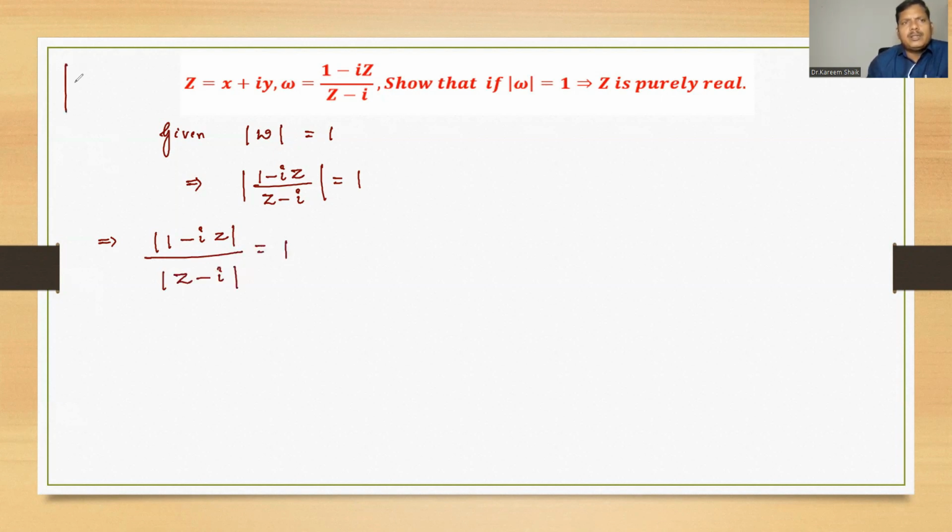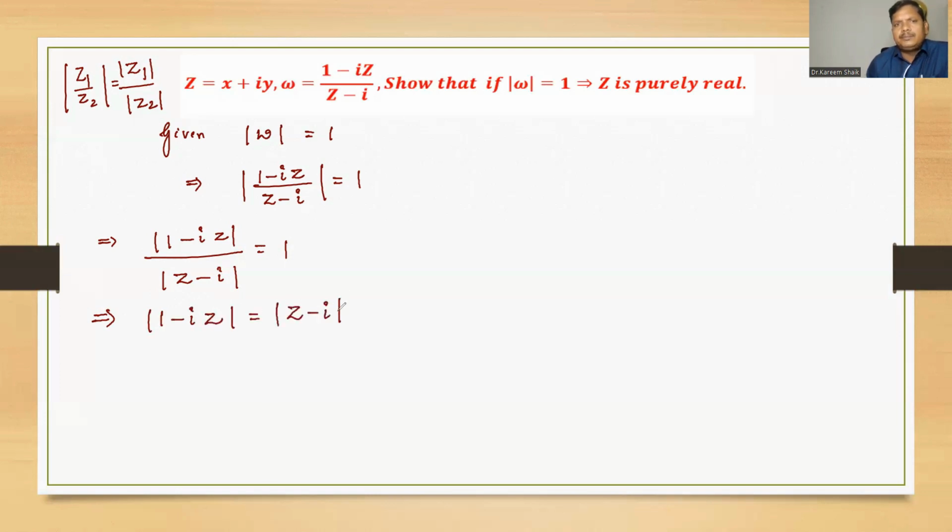We know that modulus of z1 upon z2, we already discussed it, equals modulus of z1 by modulus of z2. Properties of modulus, if you don't know, please watch my previous videos, then you will get a clear clarification on the properties of modulus of a complex number.